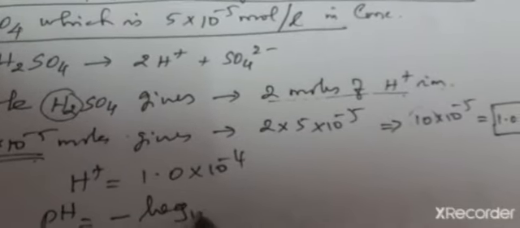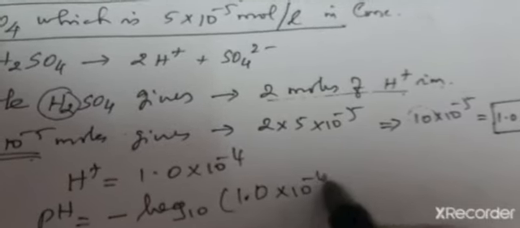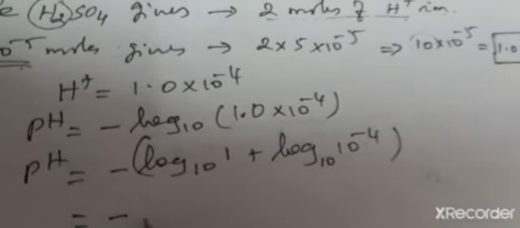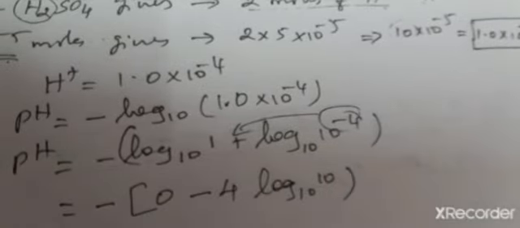Then pH is equal to minus log 10 of 1.0 into 10 power minus 4. Then similar methods apply: log 10 1 plus log 10 power minus 4. Minus log 10 of 1, the value is 0. Bring this minus 4 here, so minus 4 log 10.